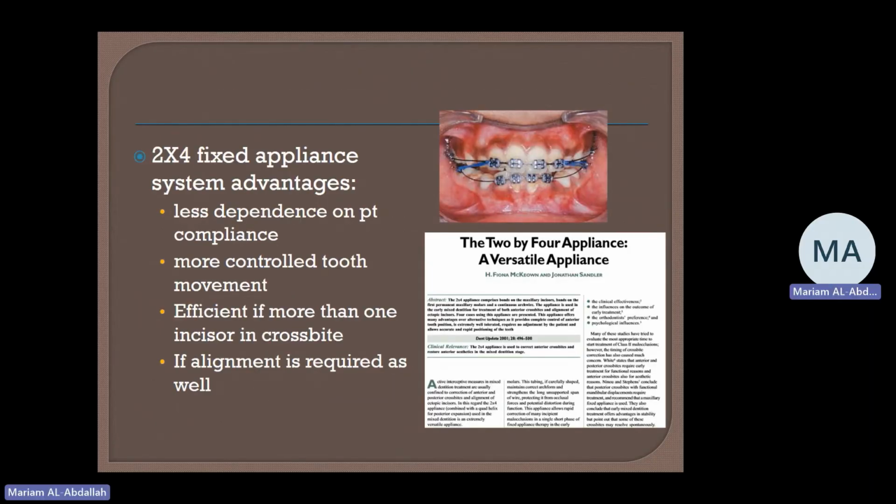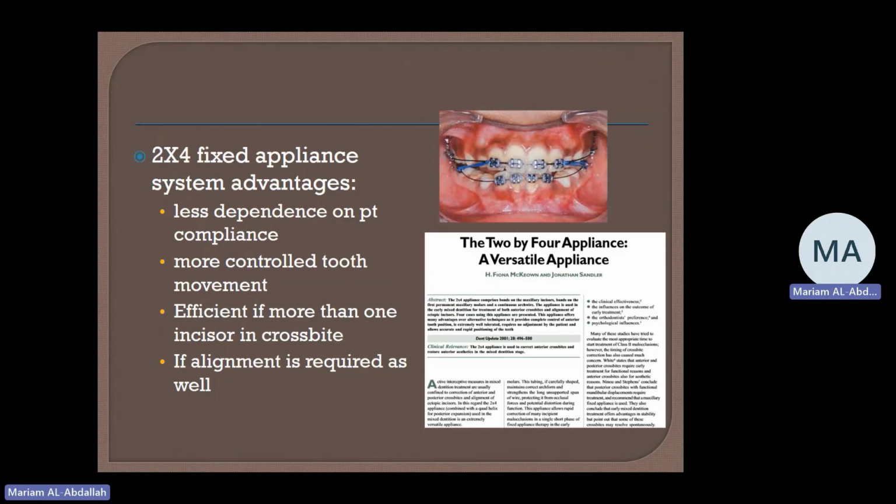As we said, we can use 2x4. It is called 2x4 because 2 are the 2 bands on the posterior permanent molars, 4 are the 4 incisor brackets. It is indicated if we have alignment in addition to the crossbite, so we have rotated teeth. A fixed appliance is of course less dependent on patient compliance compared to the removable appliance.